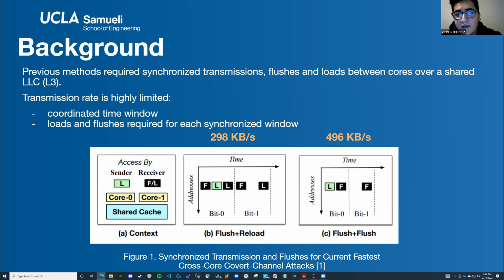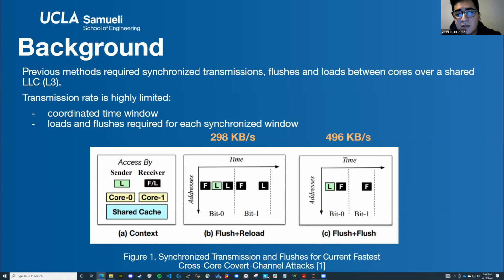The current fastest cross-core covert channels are flush-based attacks, such as Flush+Reload and Flush+Flush. In these attacks, the sender and receiver operate synchronously and transmit information within each bit period. Key limitations of this method stem from the dependence on cache line flush instructions, which lower bandwidth while decreasing applicability to other ISAs and microprocessors.